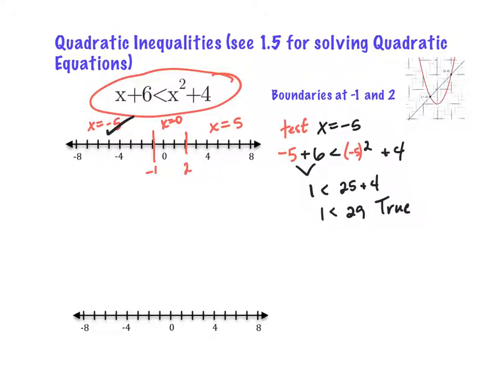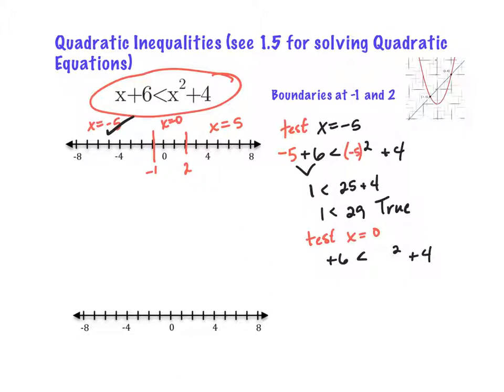Next up, I'm going to test x equals 0. Back into the original inequality: x plus 6 is less than x squared plus 4. Once again, I'm going to take out my x's. This time I'm going to put in 0.